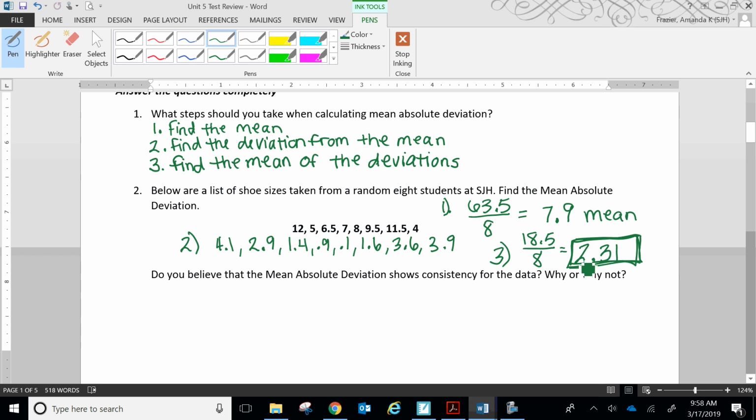Do you believe that the mean absolute deviation shows consistency for the data? Why or why not? Remember, mean absolute deviation, 2.31, is the distance. So it is the average distance.